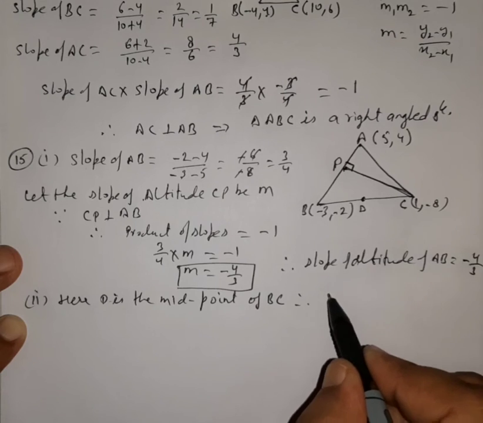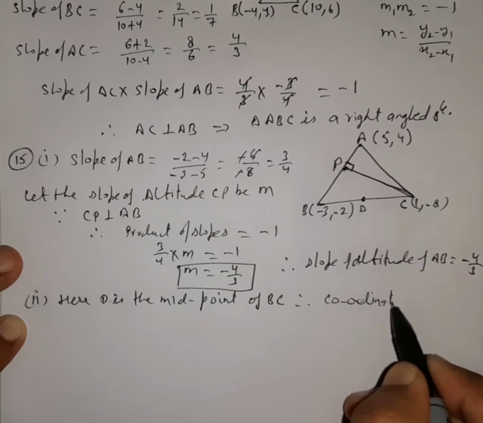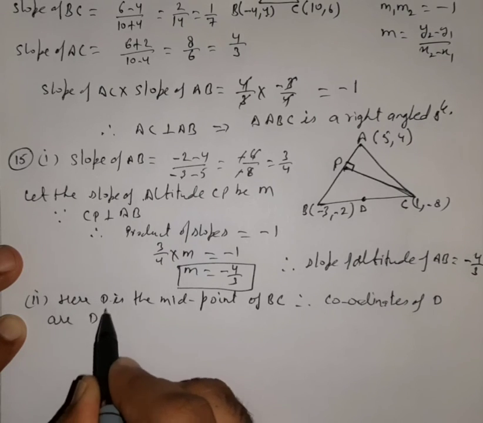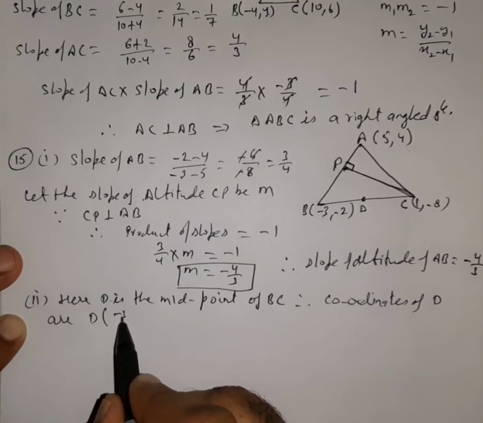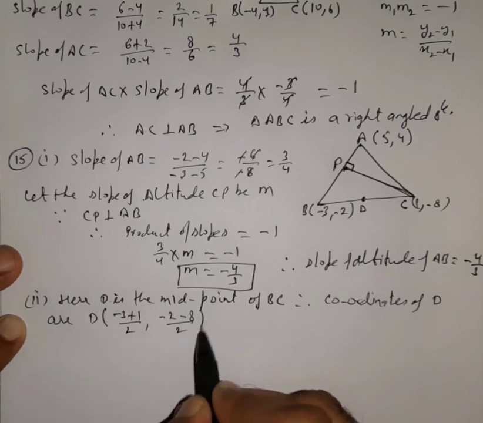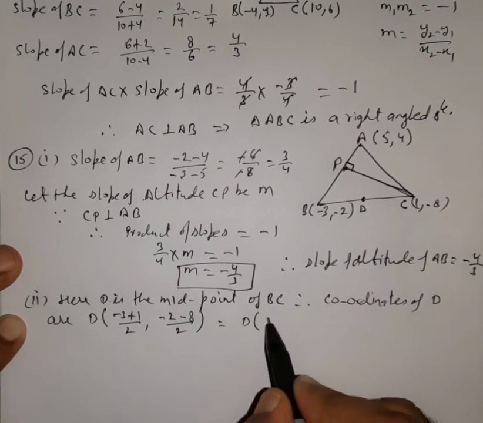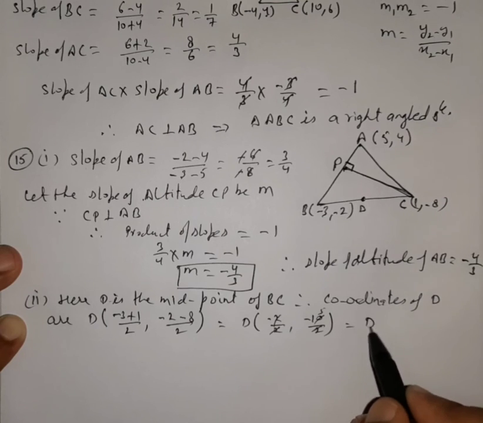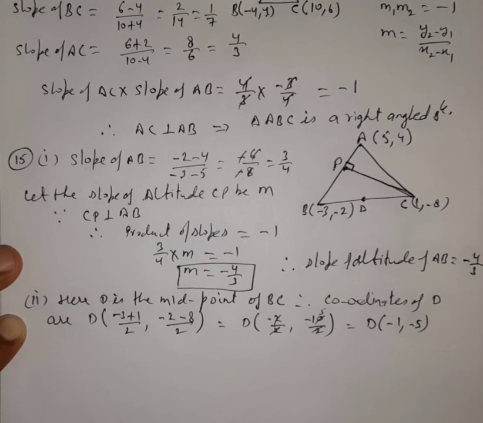Therefore the coordinates of D, by using the midpoint formula, are minus 3 plus 1 over 2 comma minus 2 minus 8 over 2. That will be equal to minus 2 over 2 comma minus 10 over 2, so minus 1 and minus 5. So the coordinates are minus 1 and minus 5.